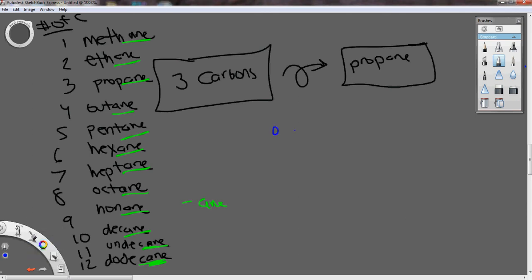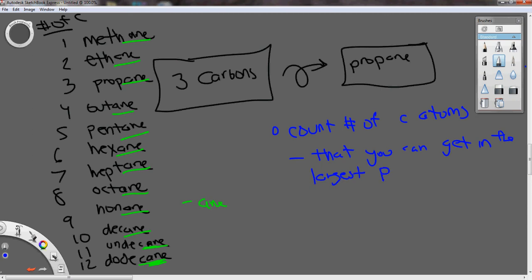Alrighty, so what did we learn in this video? We learned that you count the number of carbon atoms. And of course, I gave you guys that other rule that you count the carbons in the largest path. Some problems get really crazy, like they give you these long molecules and they want you to figure out what the name is, and it gets really annoying trying to find what the longest path is.